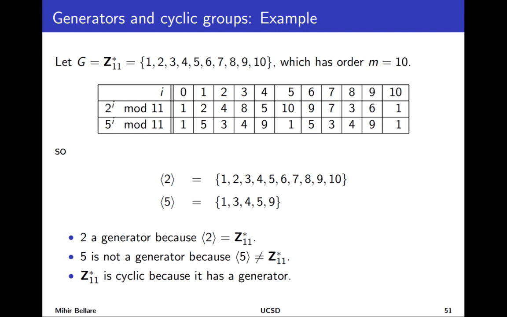So the group I look at is the integers mod 11 and relatively prime to 11, Z star 11. It consists by definition of all numbers between 0 and 10 that have no common divisor with 11. But since 11 is a prime, that actually leaves us with the numbers from 1 through 10, and so the group has order 10.